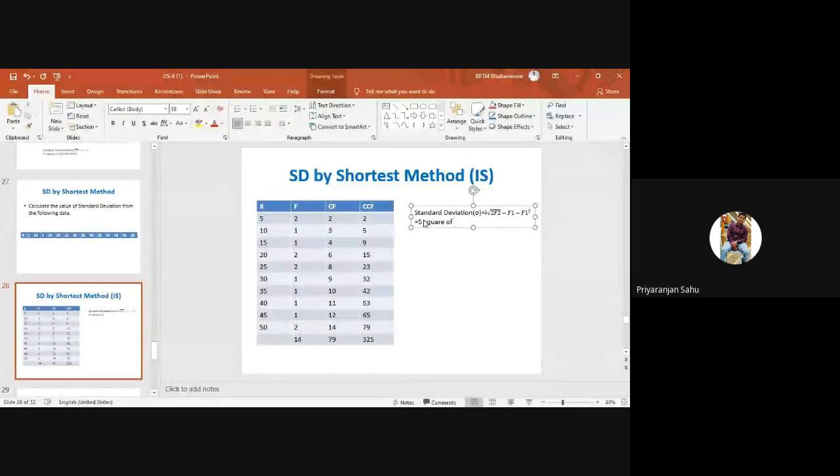Anyone? 23.21. Means what? 2 into 23.21 minus. What is the value of F1?